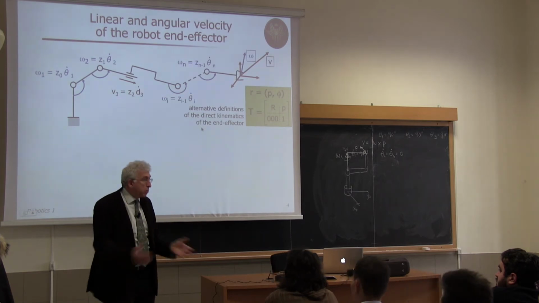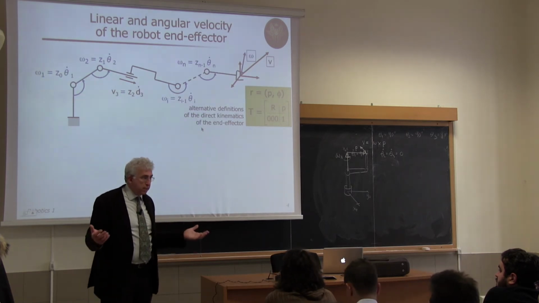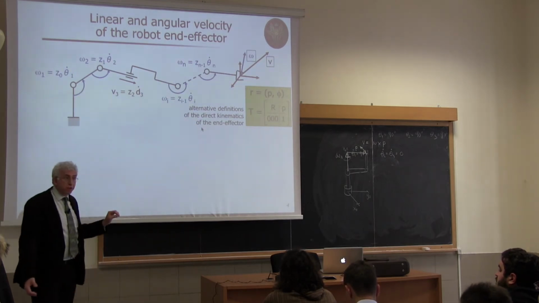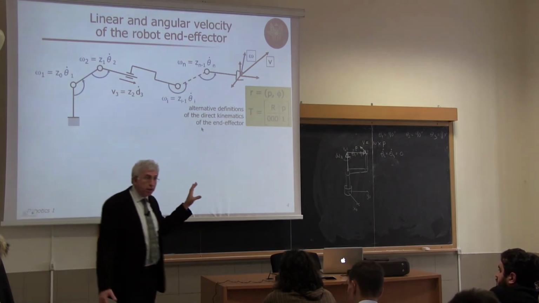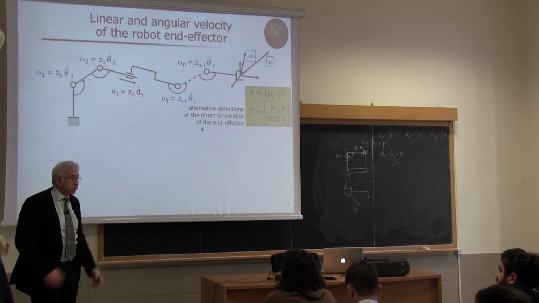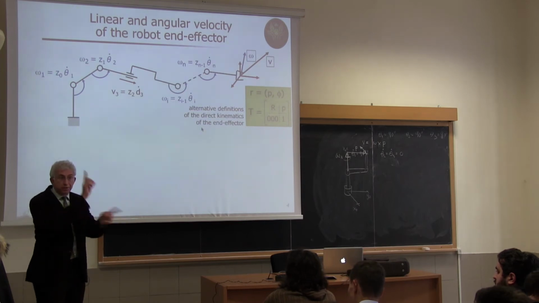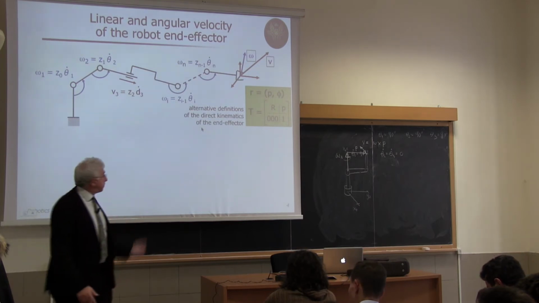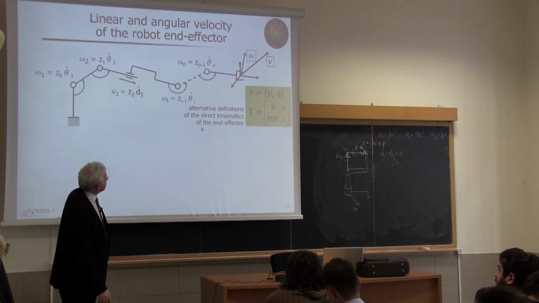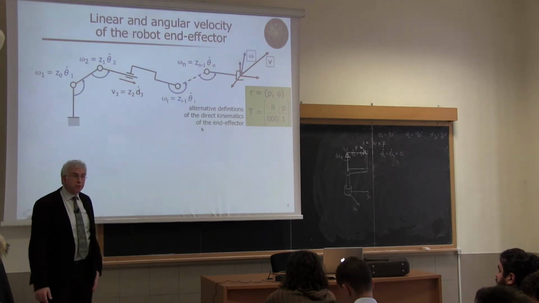And then you superpose all the effects and you have the result. Okay? Of course, in the given configuration, you would have completely different results if you impose the same scalar velocities at the joints in a different configuration. Why? Because the joint axes are different, and so they contribute in a different way to the linear and angular velocity of the end effector.